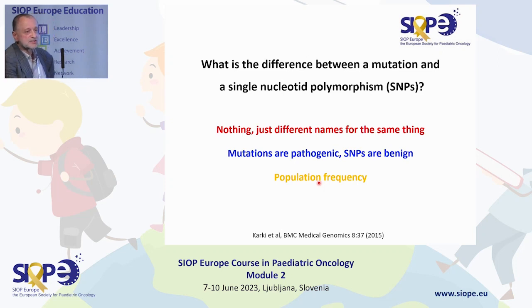So everything which is lower than 5% in a population is called a SNP, and everything which is more than 5% is a mutation, which has its own problems because it depends on the ethnicity. If you look, for instance, for factor V Leiden, in Japan it's very rare, so it's a SNP, and here it's more common, so here it's a mutation.